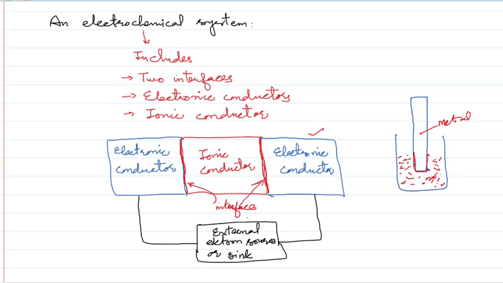Okay, so these are the essential parts of an electrochemical system. That means two interfaces, two electronic conductors, and ionic conductor.